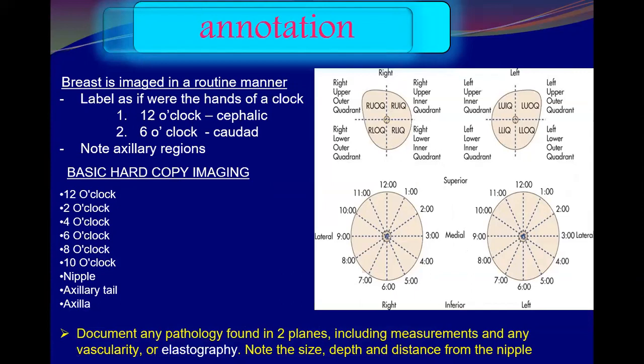The highest point, the cephalad part, is at 12 o'clock, and caudally, the inferior part is 6 o'clock. And we have to note the axillary regions. We have to have imaging at 12, 2, 4, 6, 8, 10 o'clock, nipple, axillary tail, and axilla. And we have to document any pathology in 2 planes.